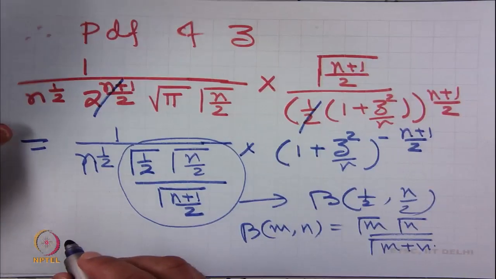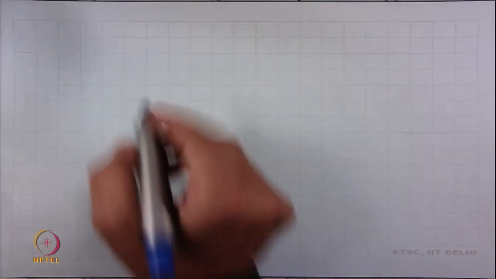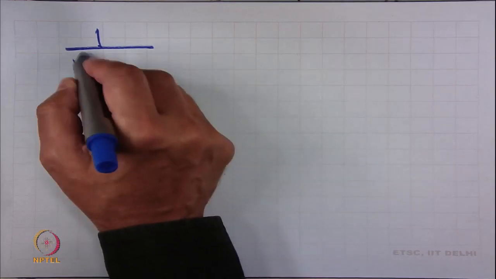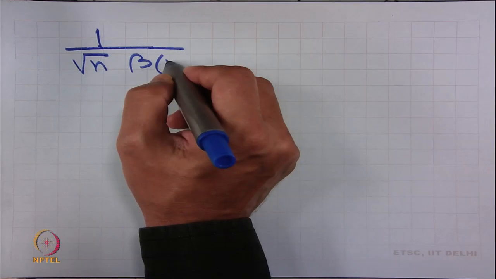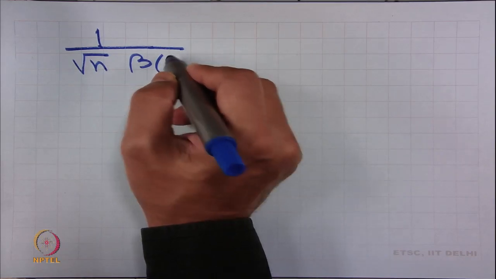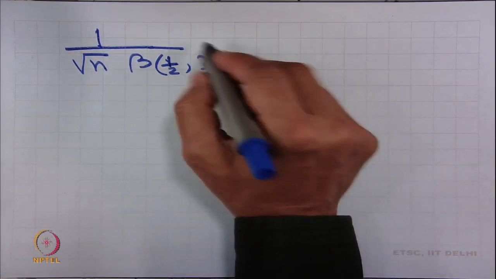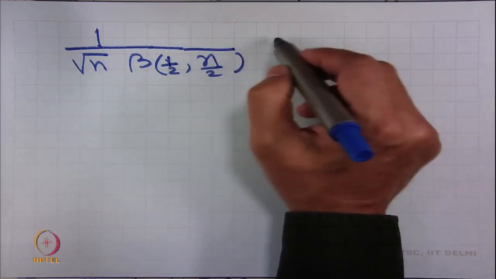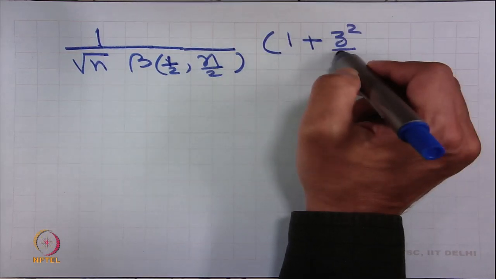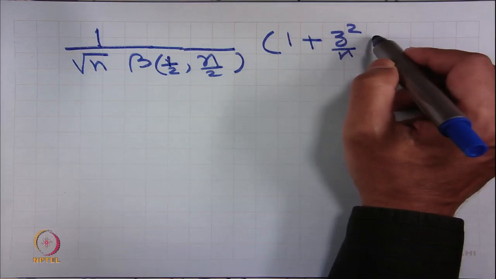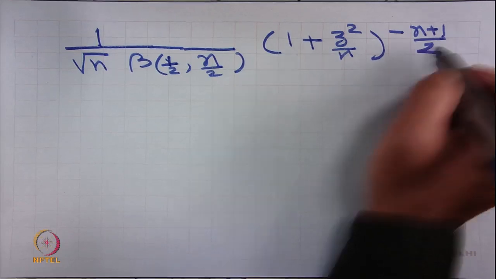Therefore, this can be written as 1 over root n beta half comma n by 2 multiplied by 1 plus z square by n whole to the power minus n plus 1 by 2.